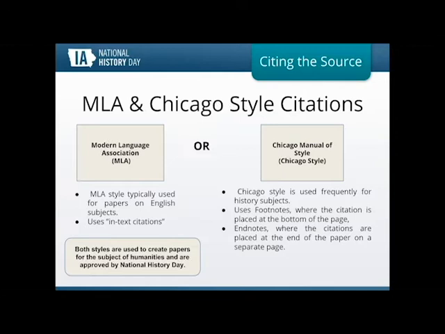Chicago style uses more footnotes, where the citation is placed at the bottom of the page, and endnotes, where the citations are placed at the end of the paper or on a separate page. I just want to clarify that in-text citations should be as brief and clear as possible. Their purpose is to discreetly guide readers to the corresponding entry listed in your annotated bibliography. Generally the in-text citation includes the author's last name and the page number of the information used. For Chicago style, there are the footnotes at the bottom of the page, and endnotes at the end of the paper or on a separate page.